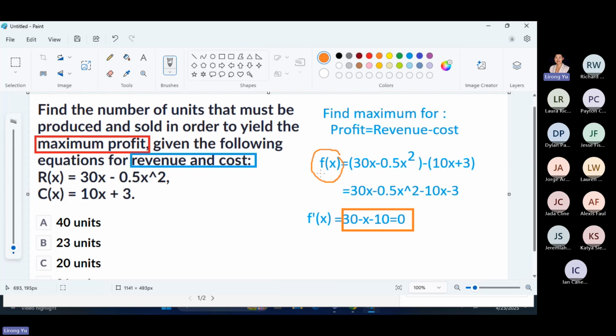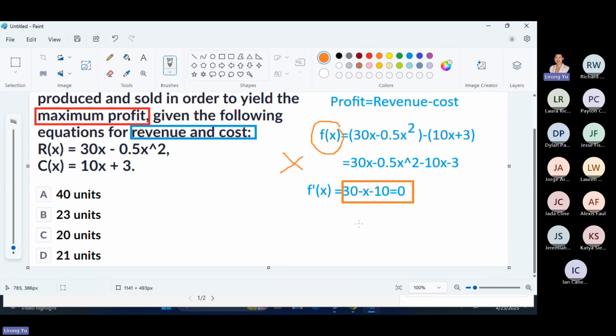You want to maximize the profit by changing the value of x. You see how we solve for x? After solving for the x value, that's the quantity. The function has a negative square term, and all the other terms are degree 1.